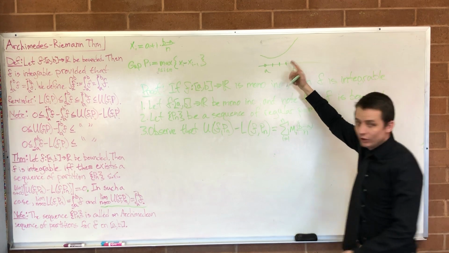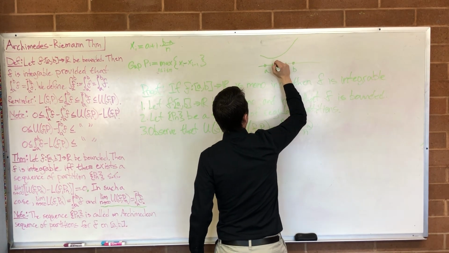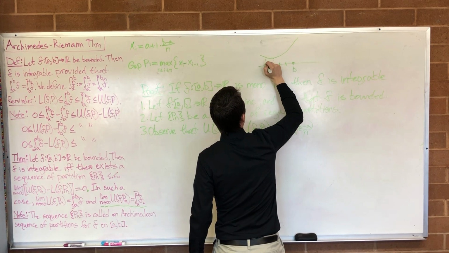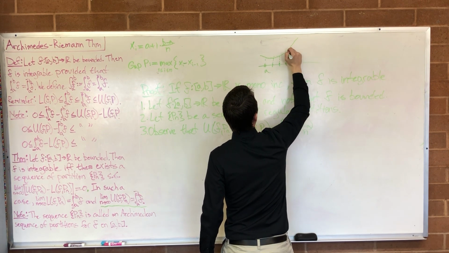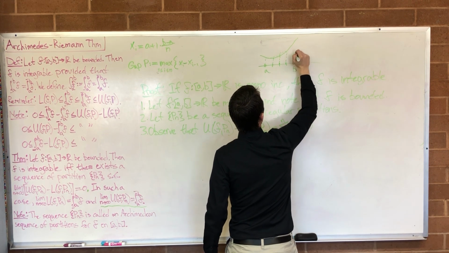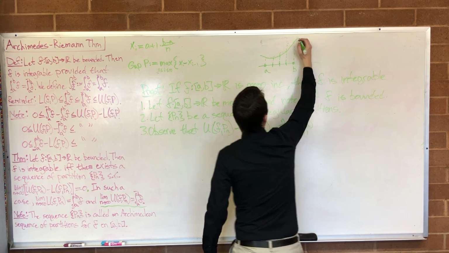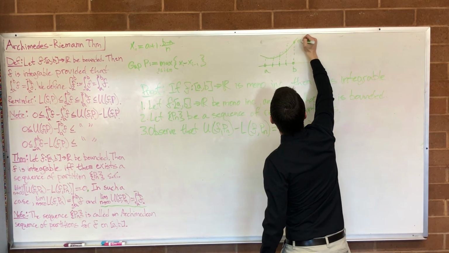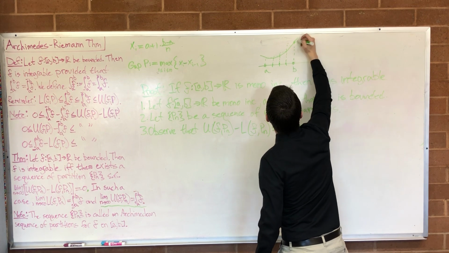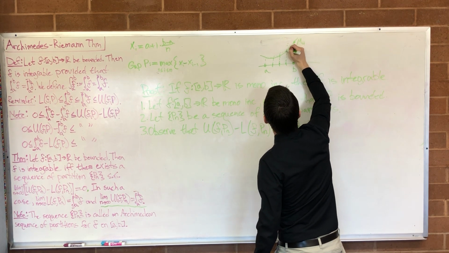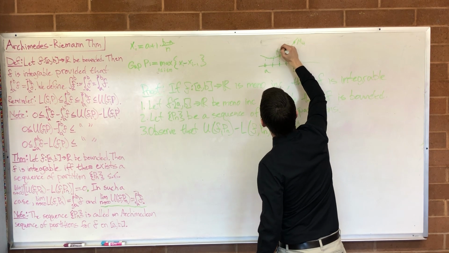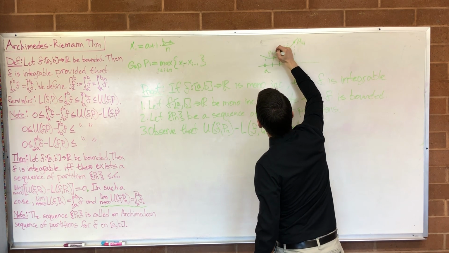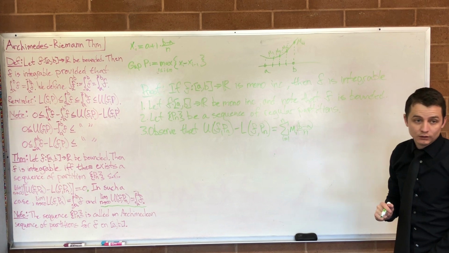When we look at the upper Darboux sum, our rectangles look something like this. That's our function. This is big M sub 4, this is big M sub 3, this is big M sub 2, this is big M sub 1, right?